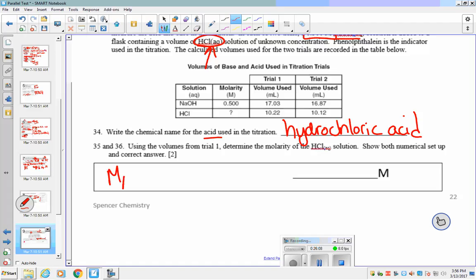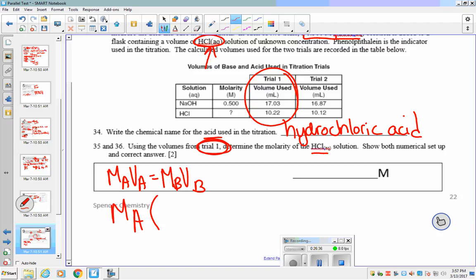We're doing an MAVA equals MBVB calculation for 35 and 36. Using the volumes from trial 1, that's important, determine the molarity of the HCl solution. Show both numerical setup and the correct answer. So we want to use our trial 1 information right here. So our MA we do not know.